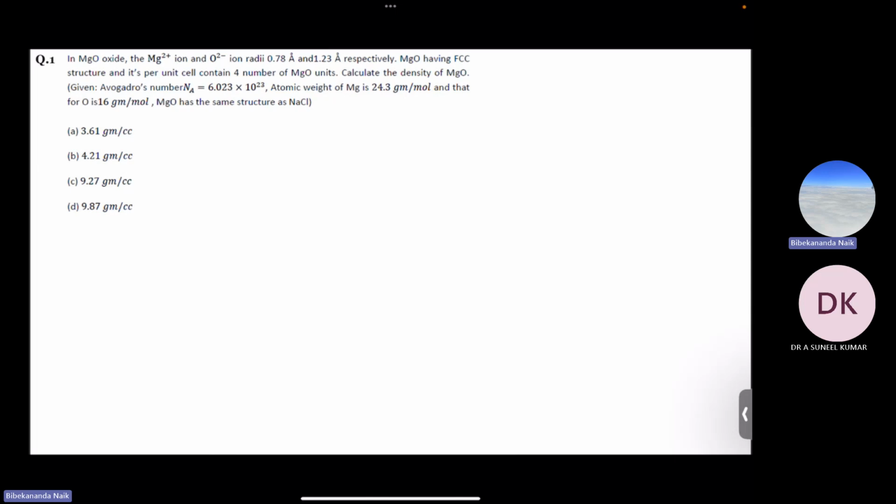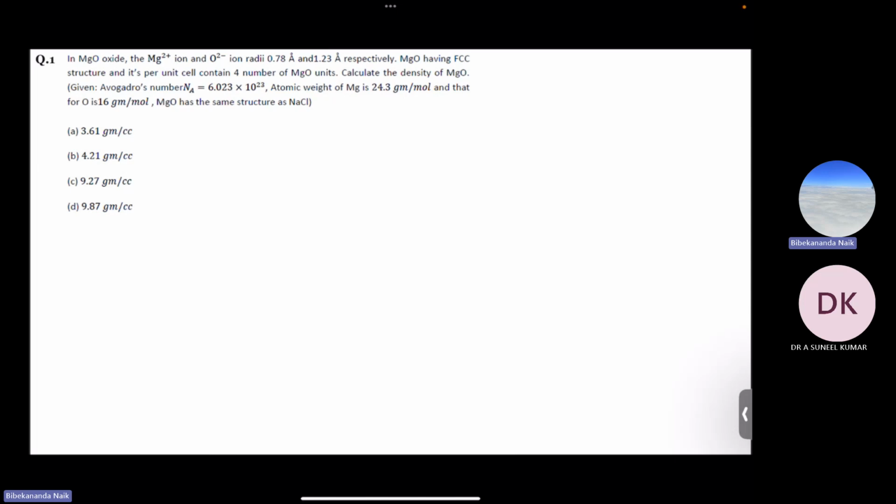Question number one. It says in magnesium oxide, the Mg2+ ion and O2- ion have radii 0.78 angstrom and 1.23 angstrom respectively. Magnesium oxide has FCC structure and its per unit cell contains 4 magnesium oxide units. Calculate the density of magnesium oxide, given Avogadro's number Na is 6.023 × 10^23.